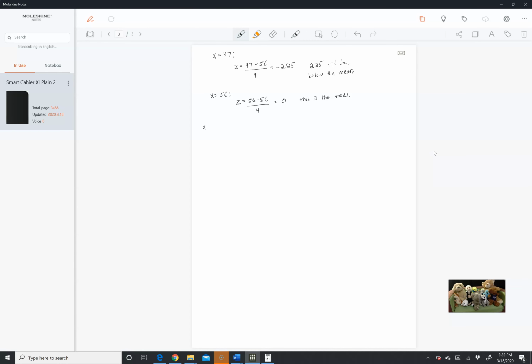We talk about skew left and skew right. If we assume the data is symmetrical, 95% of the data falls within 2 standard deviations of the mean.